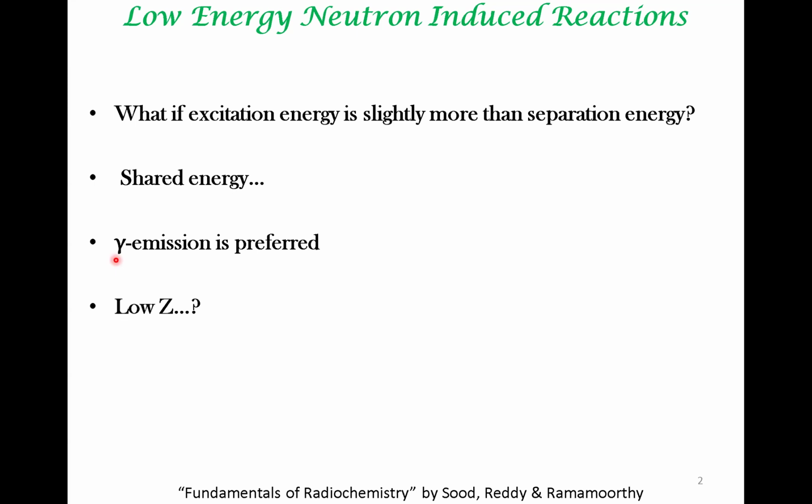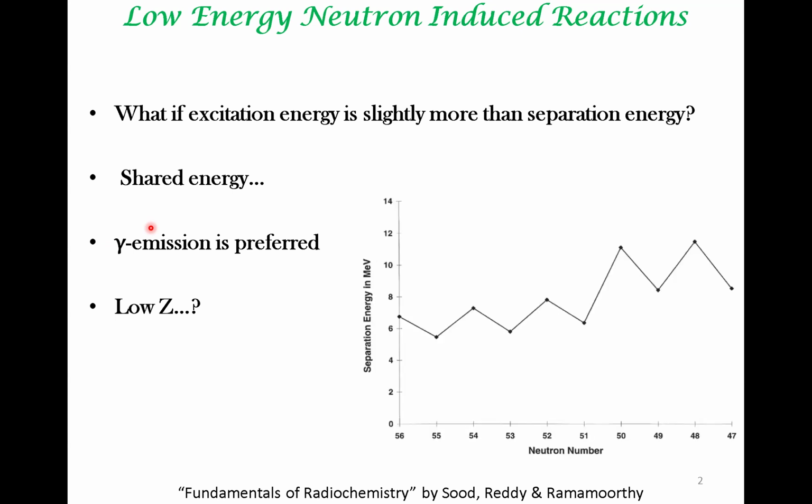However, there is a certain feature. This is the feature which is seen for high Z nucleus. But when you look at low Z nucleus, if you remember, the separation energy decreases with A, atomic number and atomic weight. This is what we had seen in one of the earlier lectures on separation energy.